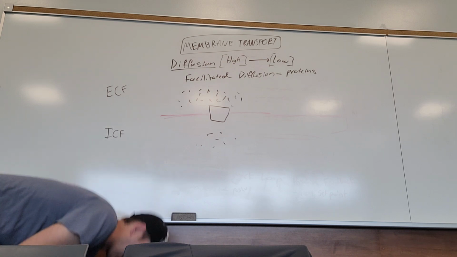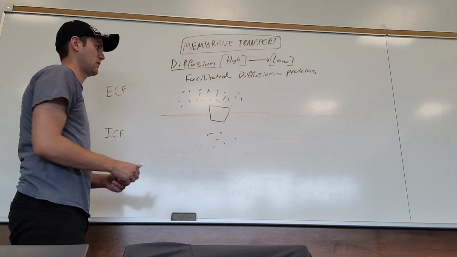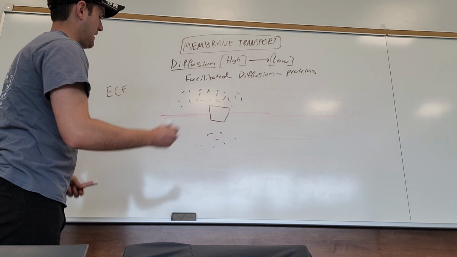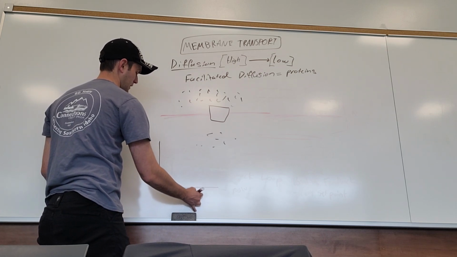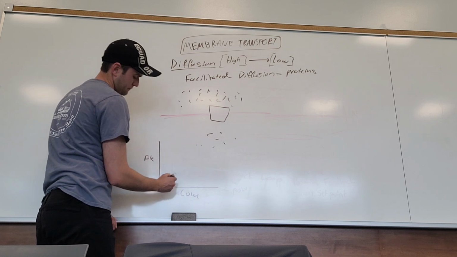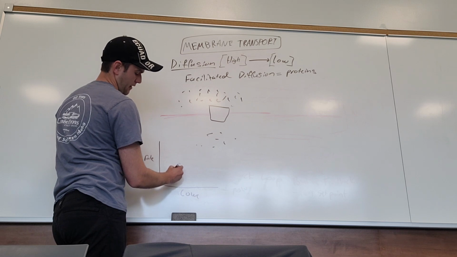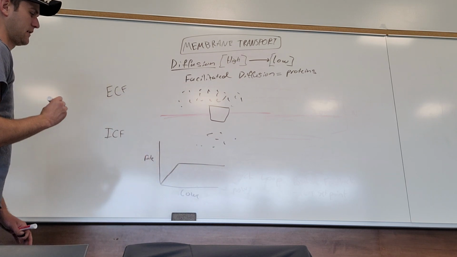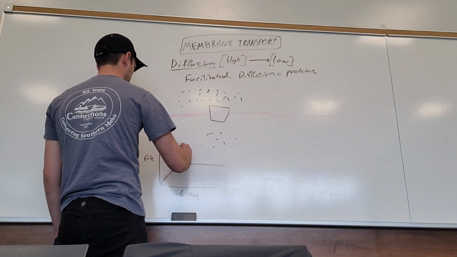We're not going to see the same rate of diffusion, at least as far as a graph goes, with facilitated diffusion as you would with simple diffusion. What we would see instead is, we have our concentration on our x-axis, and our rate is our y. Our concentration would grow and grow, our rate would start to increase, and then we would have a plateau here. And at this point, this is where it gets saturated.